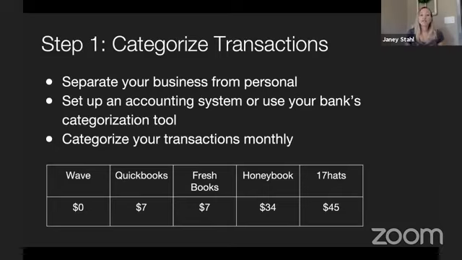So if your office is in your home, you can either do a square footage tax deduction. How much square footage is your office, and what is that divided by the total square footage of your home?